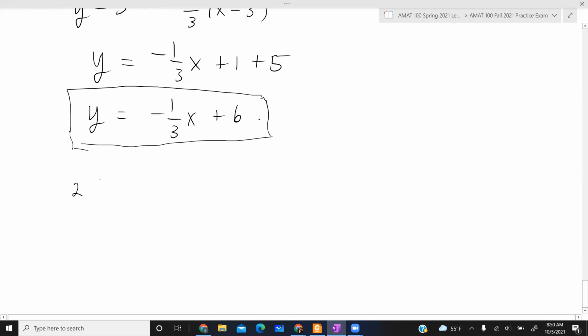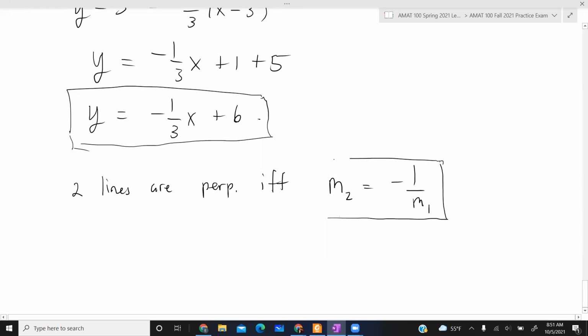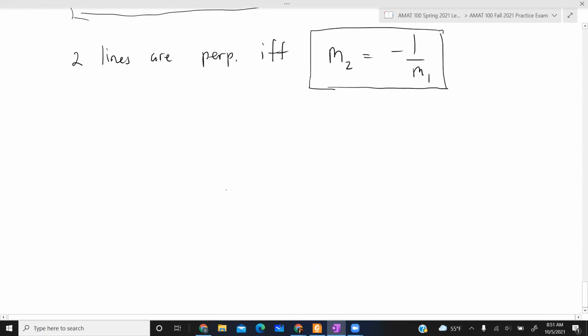Two lines are perpendicular if and only if m2 is equal to -1/m1, where m1 is the slope of one line and m2 is the slope of the other line. So these are the slopes of the two lines you're given, and this is the relationship between their slopes. Know that one too. That may or may not come up on the test.